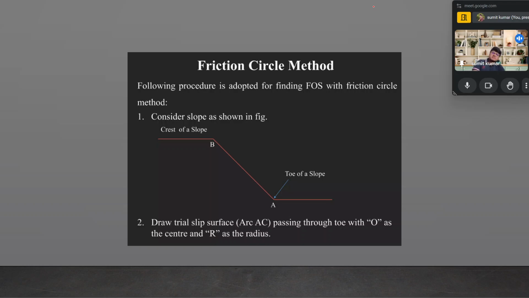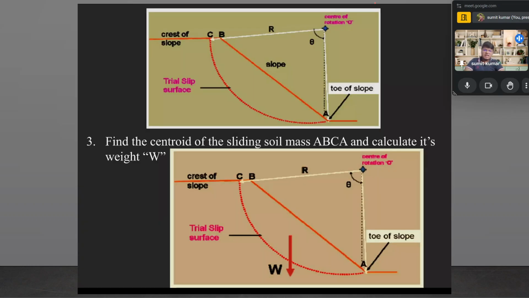Now the procedure of the friction circle method is as follows. First, consider the slope as shown in the figure, where the crest of the slope is B and the toe of the slope is A. Now draw a trial slip surface arc AC passing through the toe A, with O as the center and R as the radius.